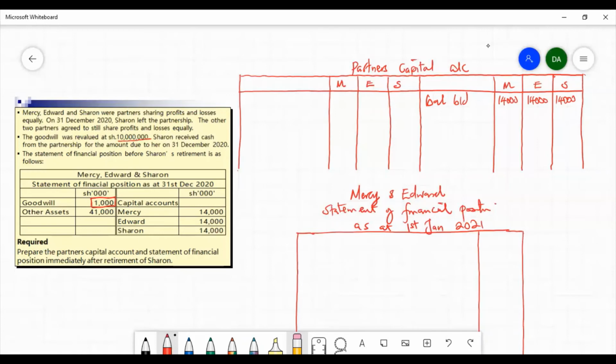That means just before retirement of Sharon, goodwill was valued at 1 million. But at the time of retirement of Sharon, goodwill was revalued to 10 million. That means there was an increase in the value of goodwill of 9 million.